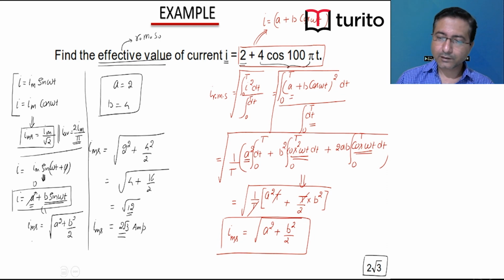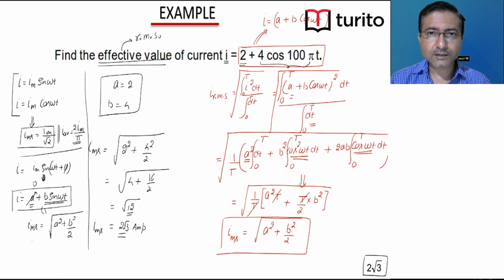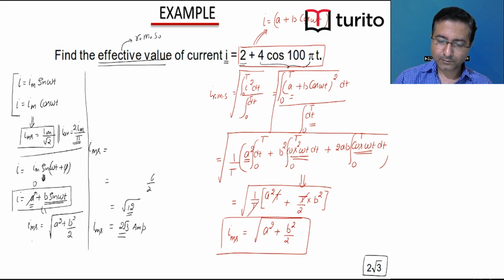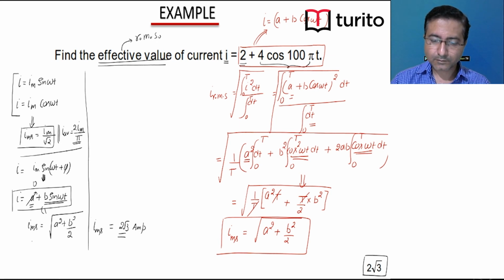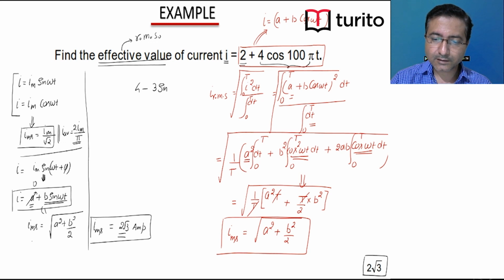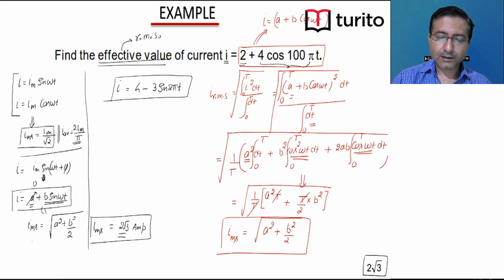Okay. Now, I hope all this derivation, everything is clear. Similarly, if I give you another function, if I say it is 4 minus 3 sin 2 pi t, what is the RMS value of current?